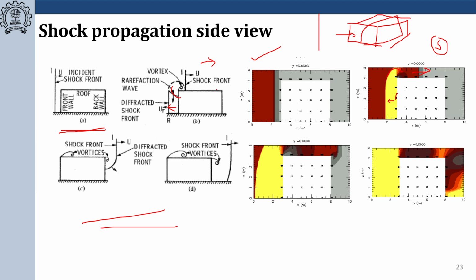This rarefaction wave moves downwards and decreases the incident and reflected pressure on the surface. This is called the clearing effect. It reduces the pressure applied onto the structure, so the reflected pressure is reduced by this clearing wave, and the shock front moves ahead.